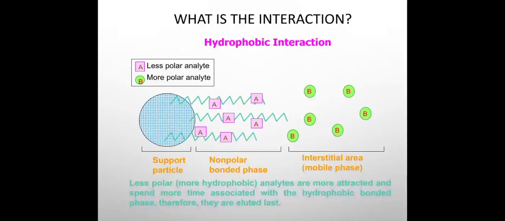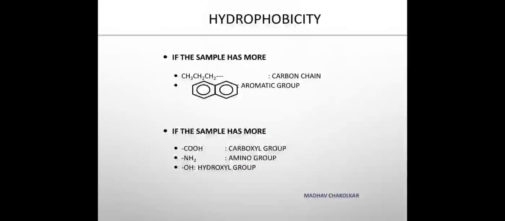These analytes are more attracted and spend more time associated with the hydrophobic bonded phase. That means they interact with the hydrophobic bonded phase and they are eluted last. And the more polar compounds are eluted first. So this is called the hydrophobic interaction.